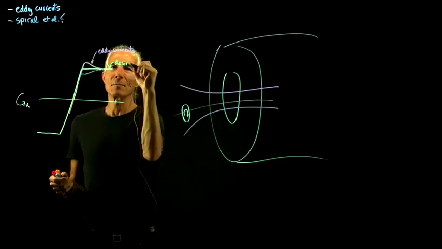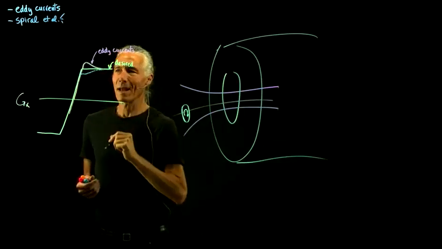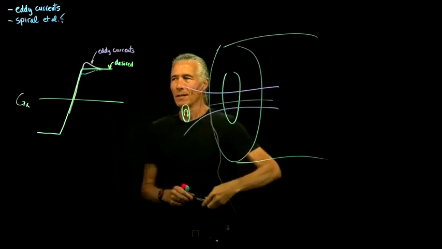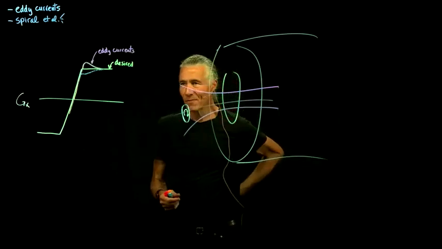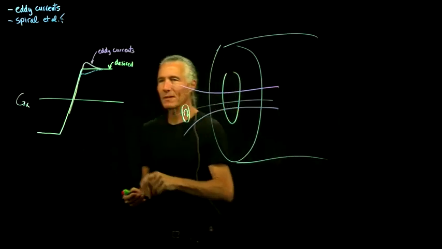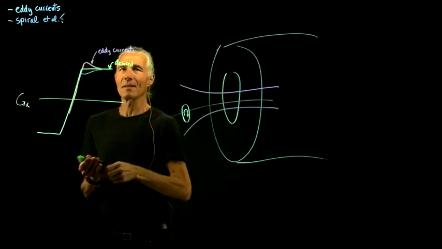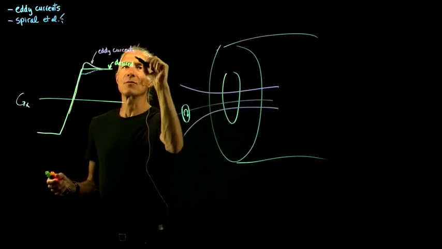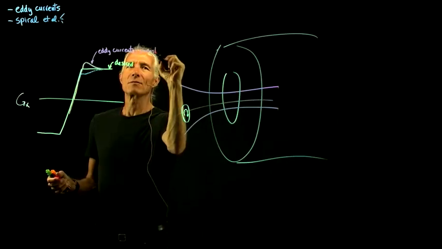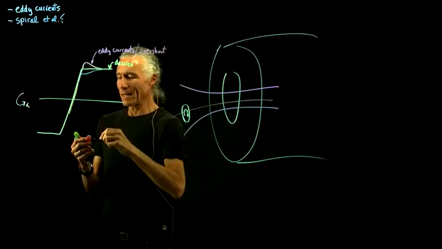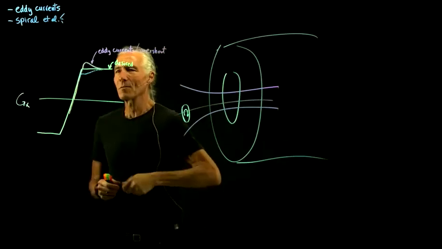So in your pulse sequence, you program that. And then what the magnet does is it says, oh, I know you want that, but if you actually did that, you would get this: eddy currents cause overshoot. So in order to fix that, we will change what actually comes out.